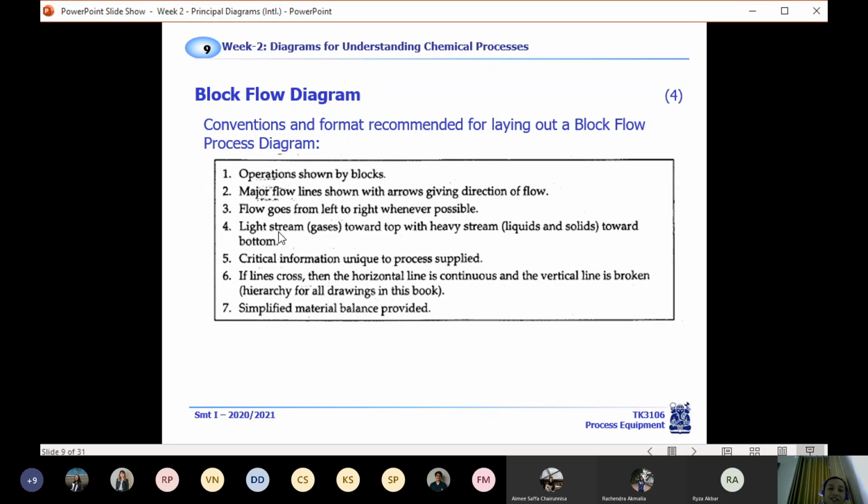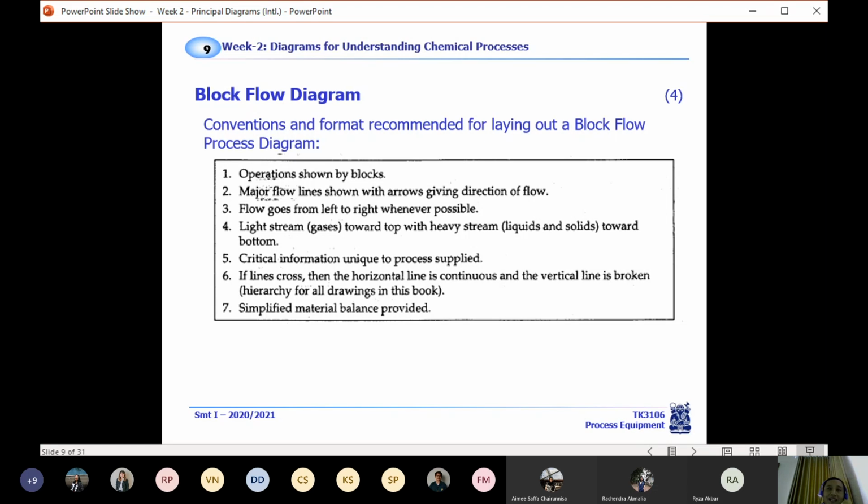Then, light gas streams go toward the top, and heavy streams, liquid or solid, go toward the bottom. So number 4 is a kind of consensus, a kind of agreement. A fluid that has a lighter density goes above the fluid that has a higher density.